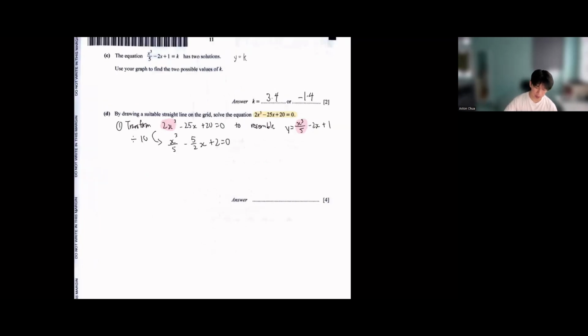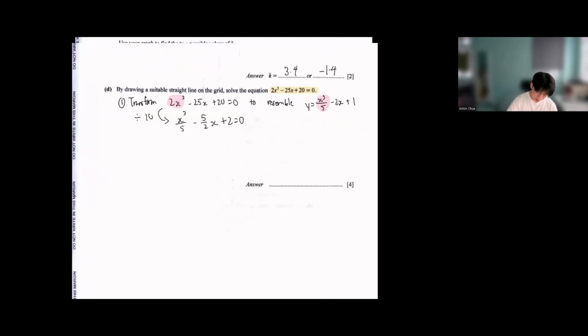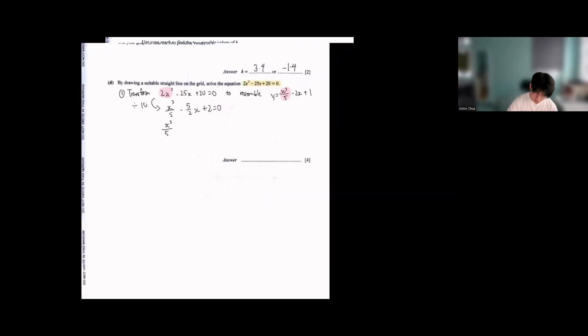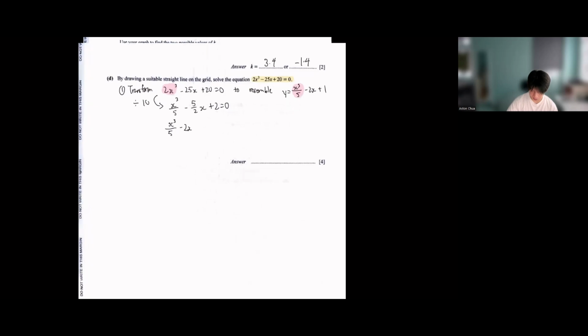Okay, so we can do that by, we just write x to the power 3 over 5 minus 2x over here.